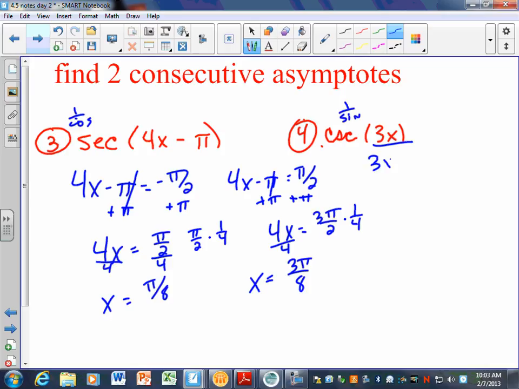So I would set 3x equal to 0 and 3x equal to pi. And that's going to give me my first 2 asymptotes. So I would get x equals 0 and x equals pi thirds. You follow me on that? Maybe?